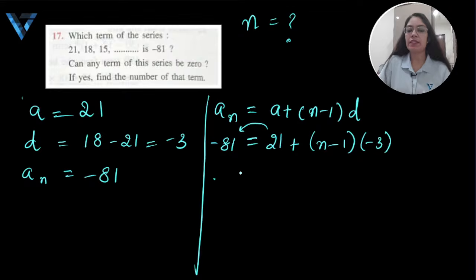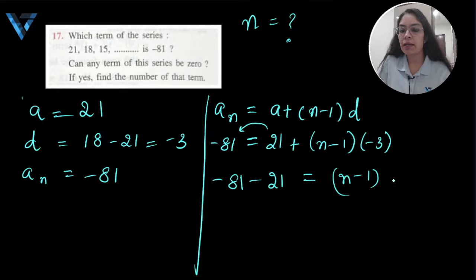So minus 81 minus 21. See, 21, if I shift to this side, it will be minus 21. Minus 81 minus 21 is equal to n minus 1 into minus 3. So here we will get minus 102.